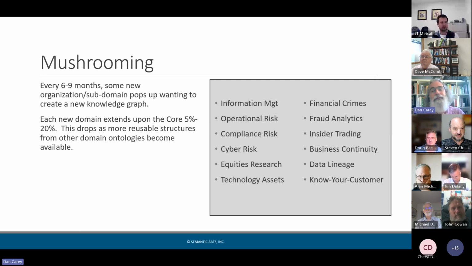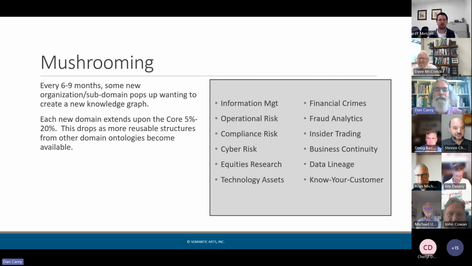Sometimes it might be that an existing domain decides that it makes sense to create a new ontology separate from the one that they're doing. There's that paradigm too. But each one of these new domains will typically extend upon the core by somewhere between 5 and 20%, largely depending upon the nature of the use cases that they are attempting on their initial go.